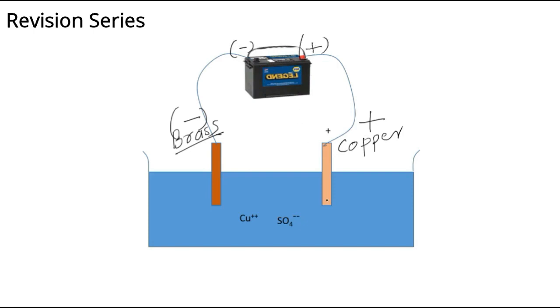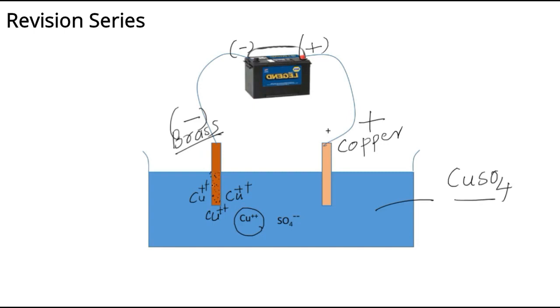So according to the properties of charges, unlike charges attract. The copper in the copper sulphate solution will start moving towards the brass, and you will find all these Cu++ will sit on this brass.